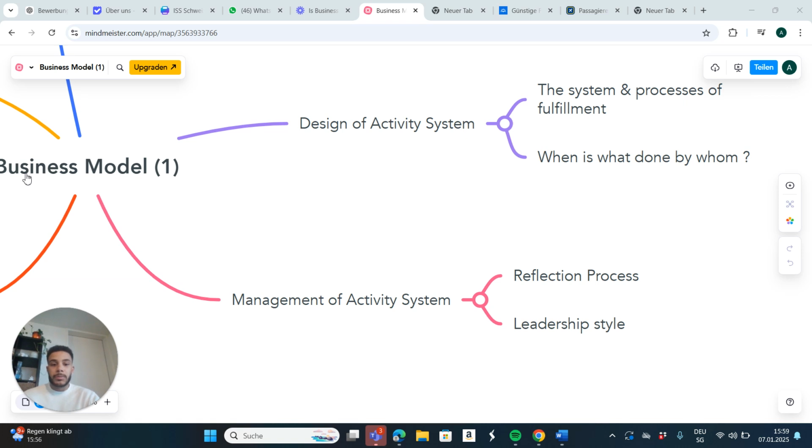This comes down to how we are implementing feedback loops into our system, so that we know, okay, now we have to change something, or this part of the system we can leave as it is because it's efficient or effective. And this breaks down to management and leadership style.